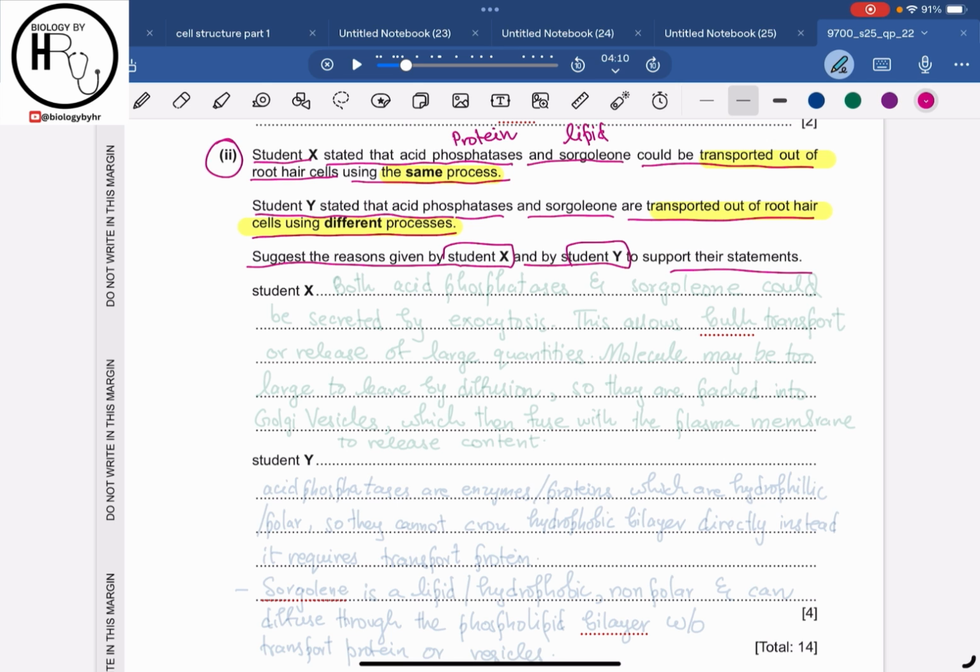For example, sorgoleone is a lipid compound, and usually small non-polar compounds cross the cell membrane without any transport protein, so sorgoleone can use simple diffusion, and acid phosphatase can use a transport protein.